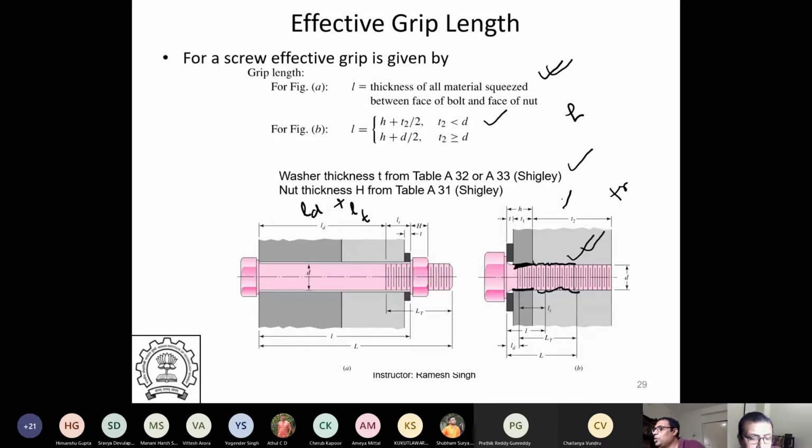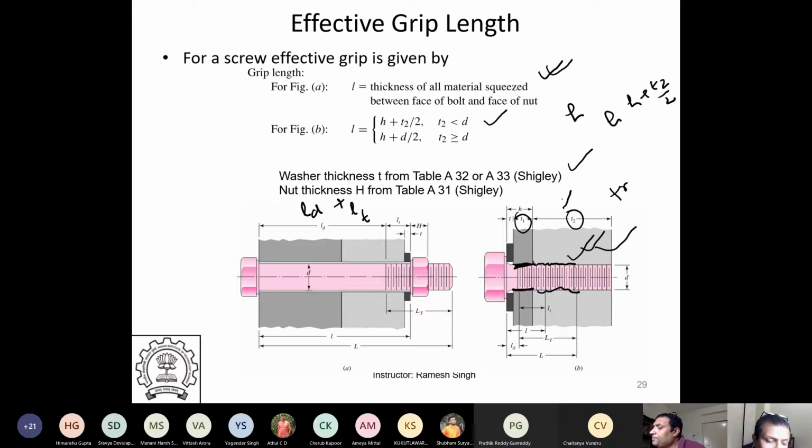Right. Now what happens is, of course, the washer H. So H plus, if you see, this is T1 and this is T2. So the actual compression is: if T2, meaning the thickness in which it is getting screwed, is less than the diameter of the bolt, then it is H plus T2 by 2.